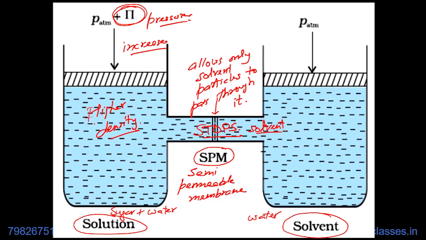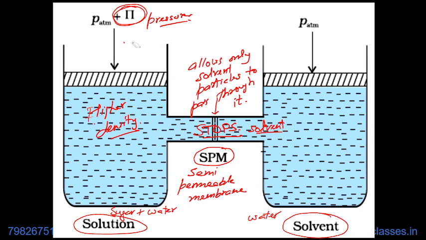Osmotic pressure is equal to that pressure which stops the movement of solvent particles from solvent side to solution side. Now come to reverse osmosis. Reverse osmosis is when we increase this pressure greater than osmotic pressure.